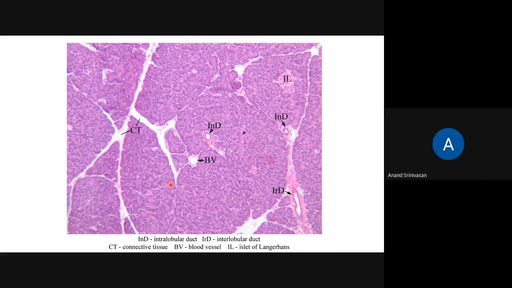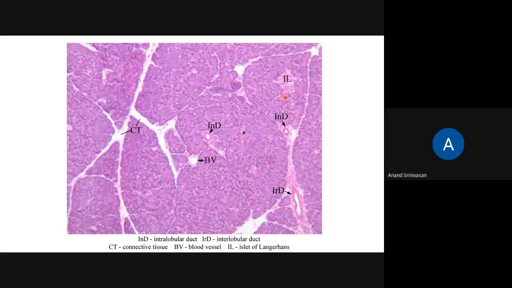So this is the picture of the histology of the pancreas. Here you can see the darkly stained exocrine part of the pancreas, which secretes the pancreatic enzymes, and in between you can see the lightly stained structure. This is called the islets of Langerhans.